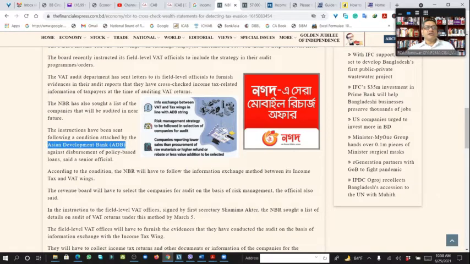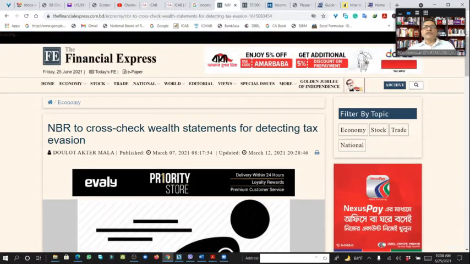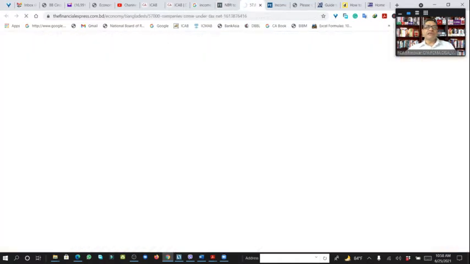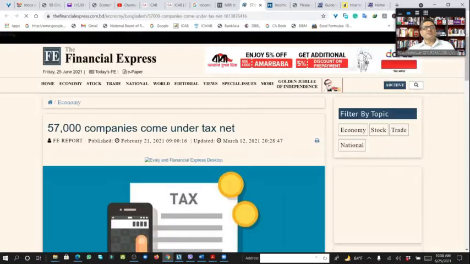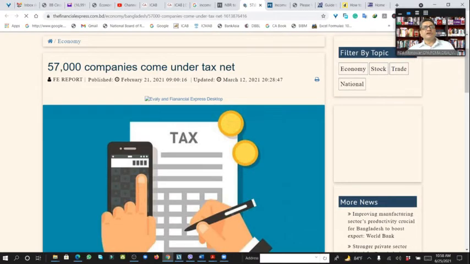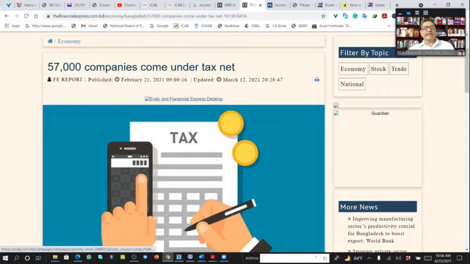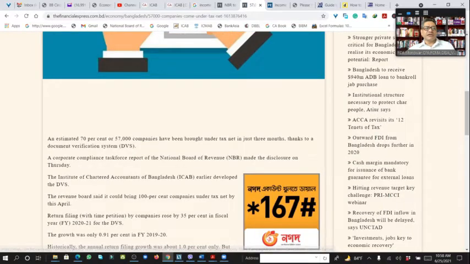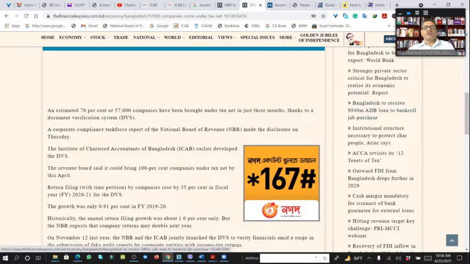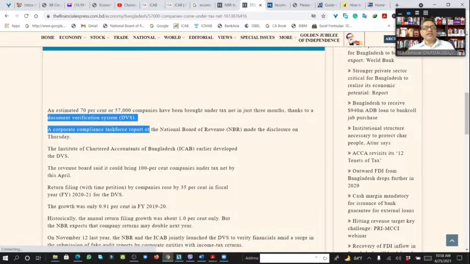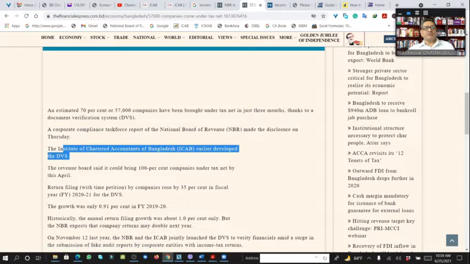This is happening, and a few days ago another news came: 57,000 companies are expected to come onto the tax net through the documentation verification system introduced by the Institute of Chartered Accountants of Bangladesh.